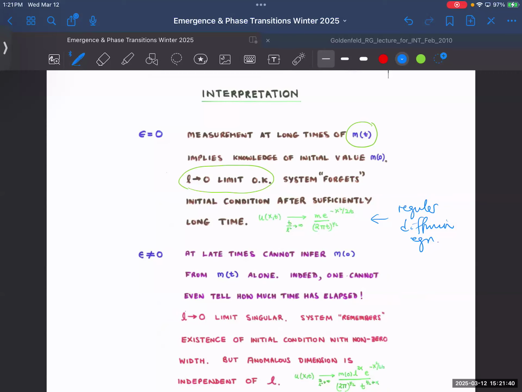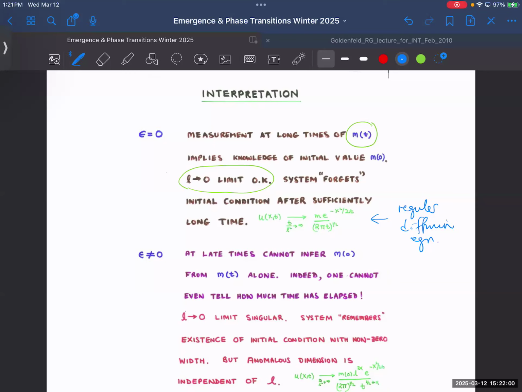Even though I've spent a huge amount of time letting this thing diffuse out from 1 centimeter wide to 100 miles wide, the system never forgets its initial condition. And so the L goes to 0 limit is singular.